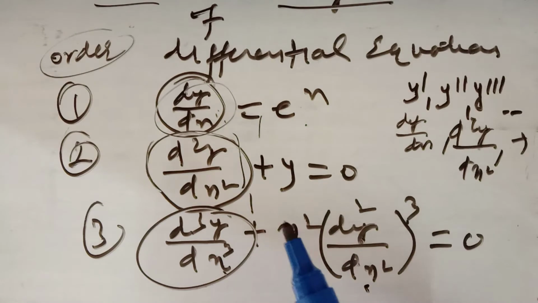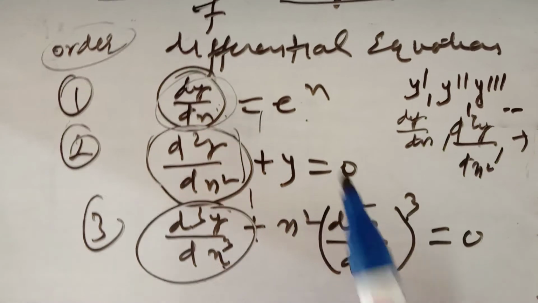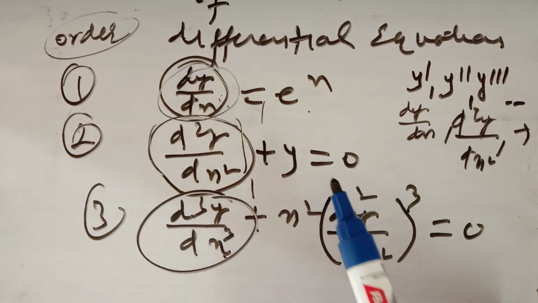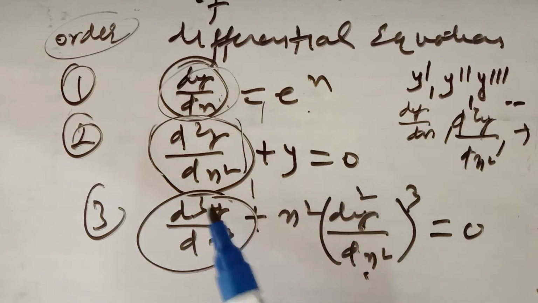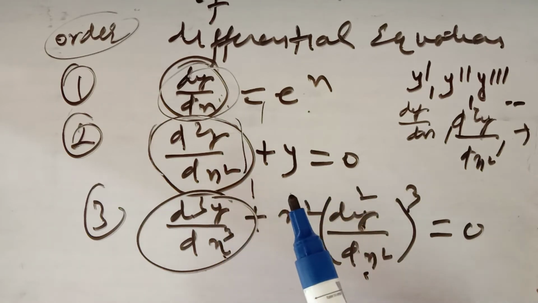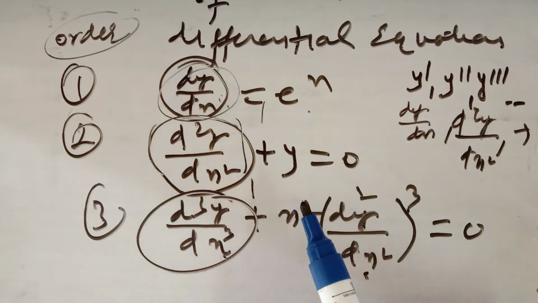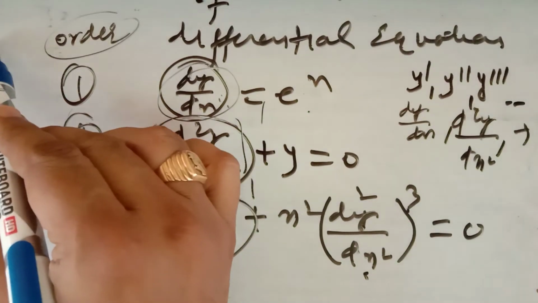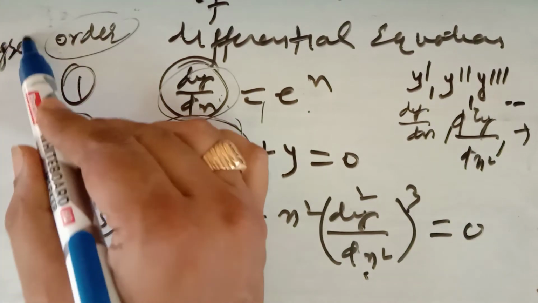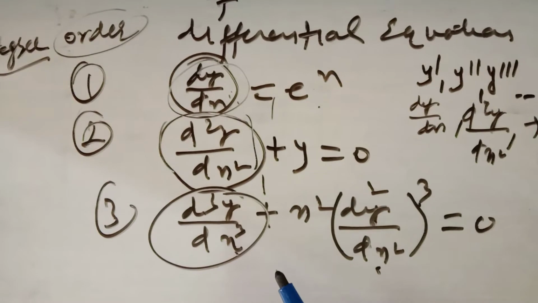So therefore they have a degree. Sometimes the degree is not defined, when the differential equation is not a polynomial equation in its derivatives. I will give an example. First of all, we'll find the degree of these differential equations.